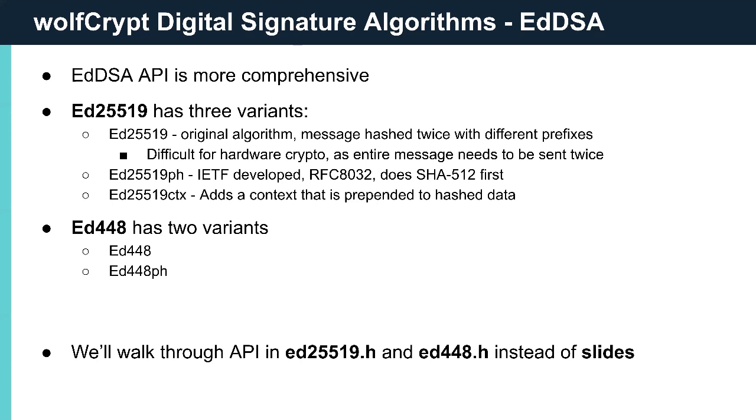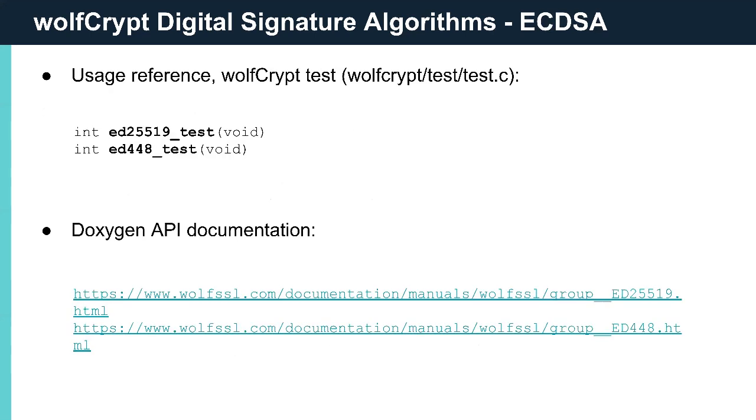And then Ed25519ctx has a context, which is prepended to the hash data. So I guess there's use cases for those in different scenarios. And similarly, Ed448 has the original algorithm and then Ed448ph. Again, you have two test cases in test.c, one function for each of these and corresponding Doxygen API.